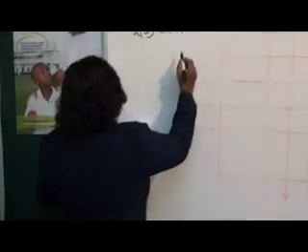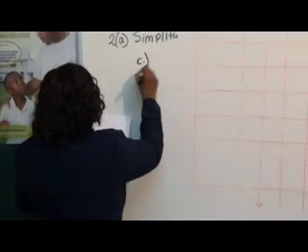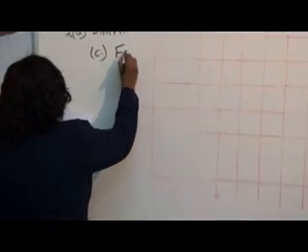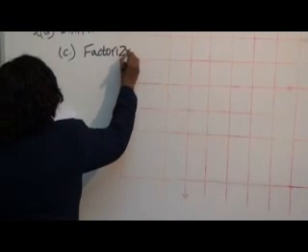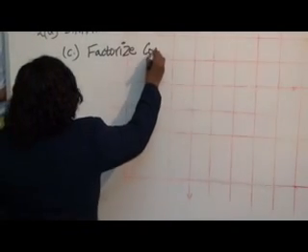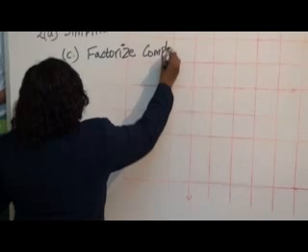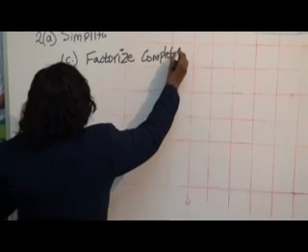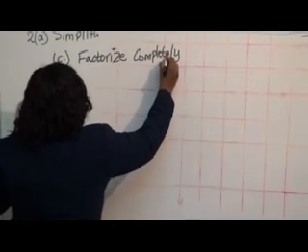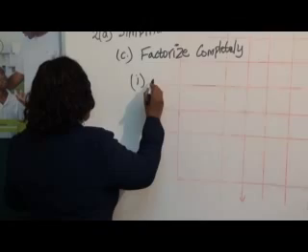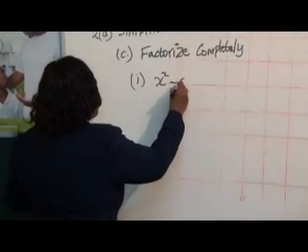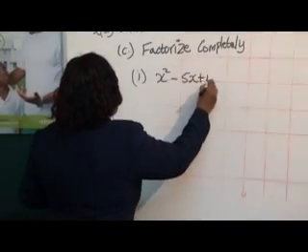Okay? Now, part C of this question was saying factorize completely. Okay, they love that word, completely, because we know you can factorize and then it's not finished. So factorize completely, and this is the first one that we had, and it is x squared minus 5x plus 4.